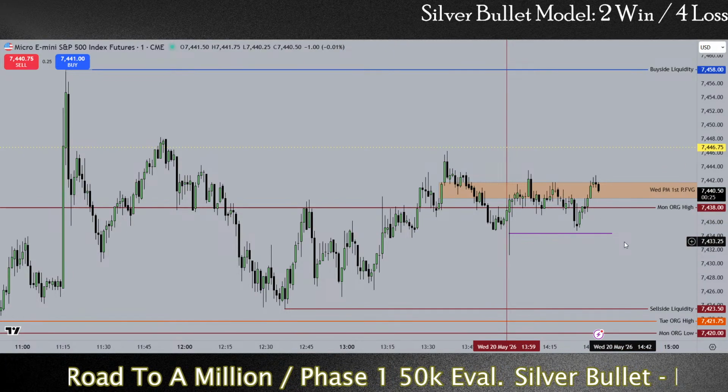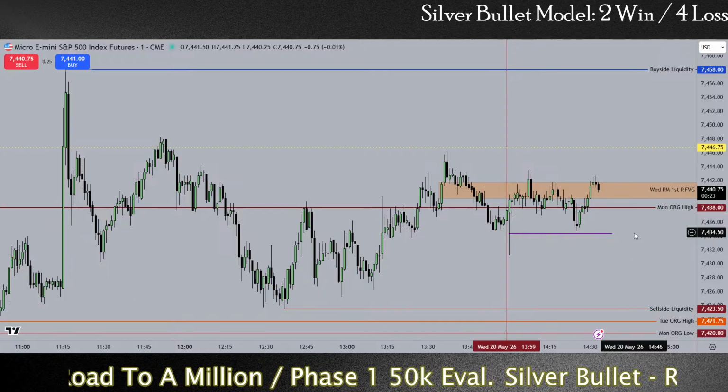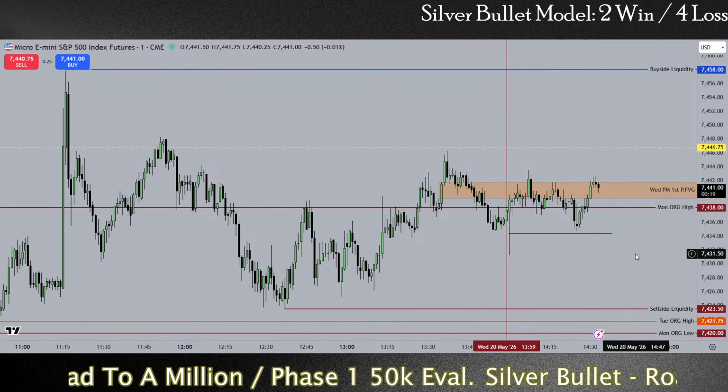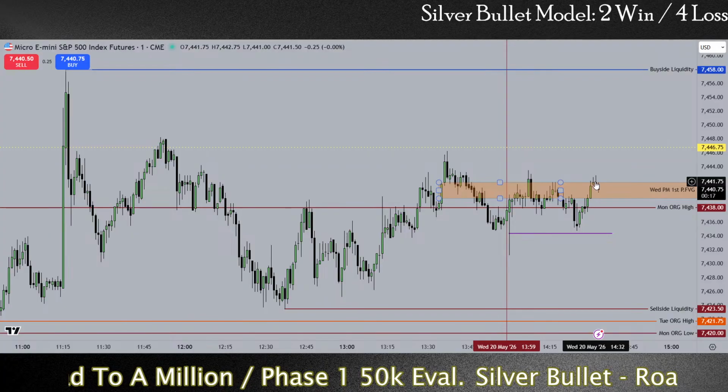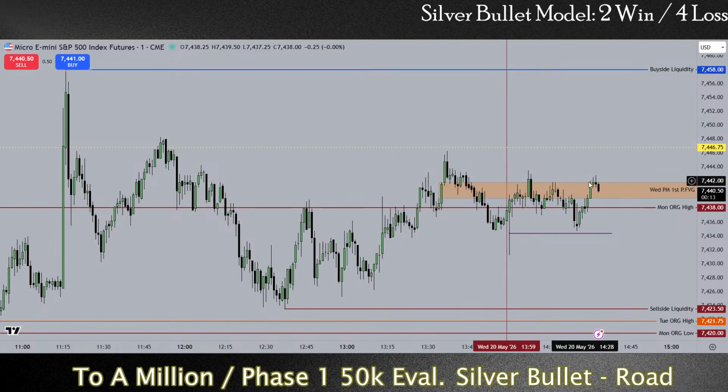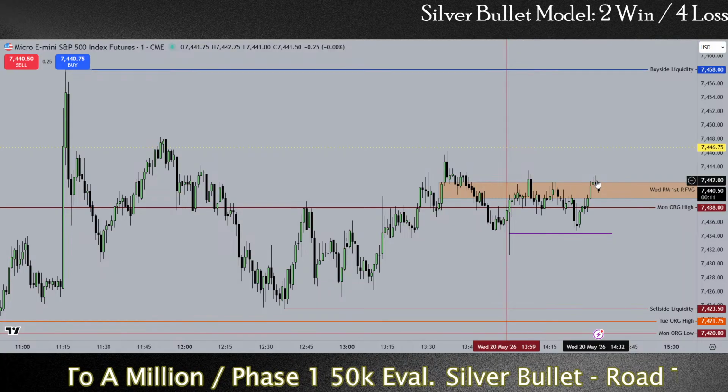Right, I will take this off for now. I can bring it back when it will be underwater. But yeah, so far the body is respecting the high of that first presentation for PM session.